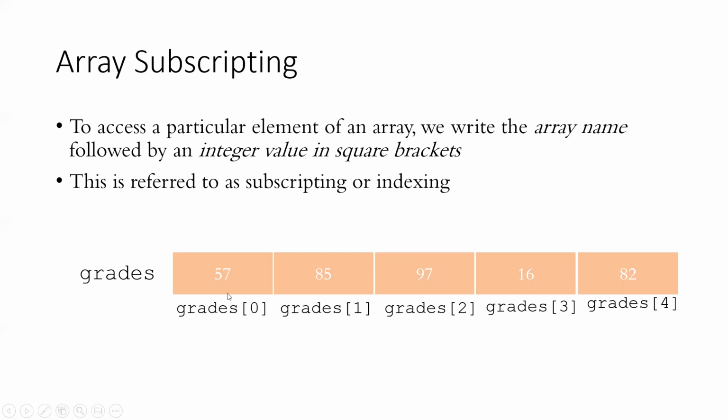So we access 57 with grades of 0. Its position in the array is 0, it is first. We don't start with 1 but with 0. Then for the second element, we access it by grades of 1. So 0, 1, and so on. The other elements just follow.